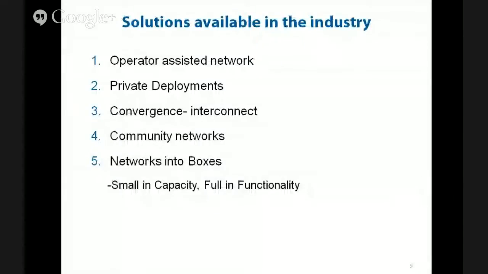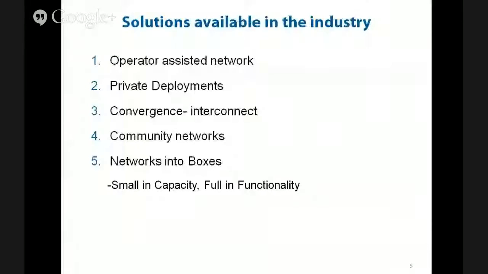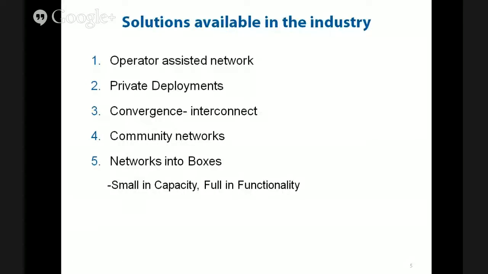And here is the private deployment. So this is one type of network which is available for public sectors or government agencies. They are limited to provide a service for limited areas. So people can use this service as a private network, and this is one kind of solution available.